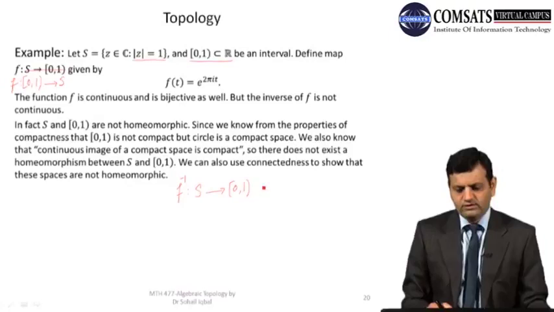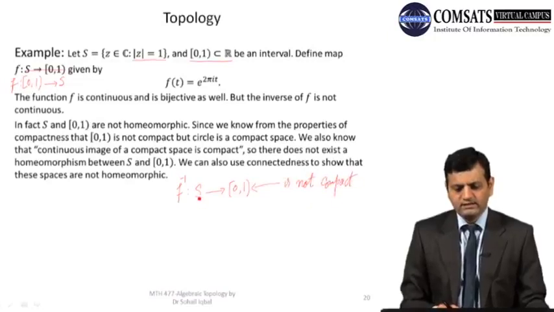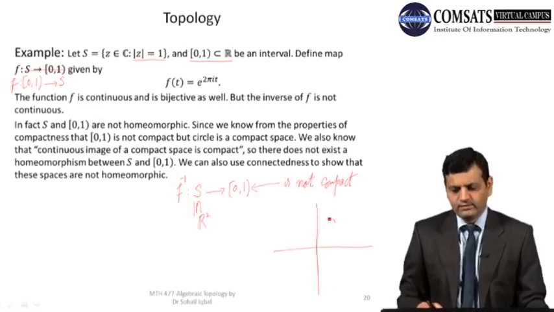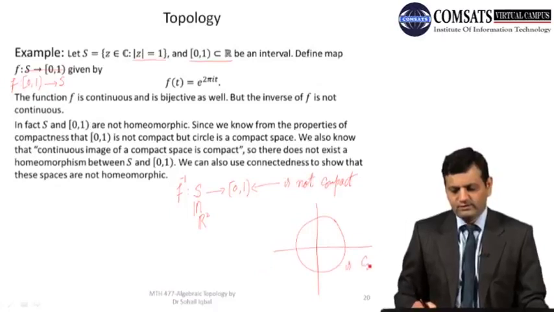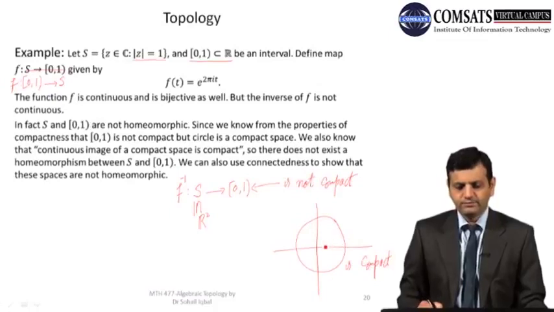So by the Heine-Borel theorem, this subset of R is not compact. But this S as a subset of R2 is basically a circle in R2. This circle is closed as well as bounded in R2, so S is compact by the Heine-Borel theorem.